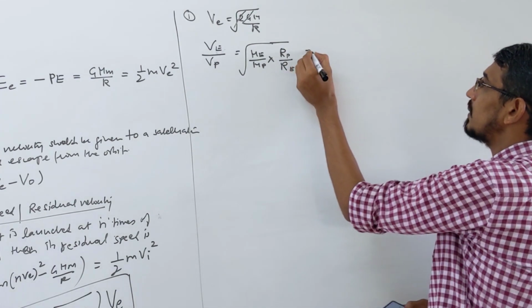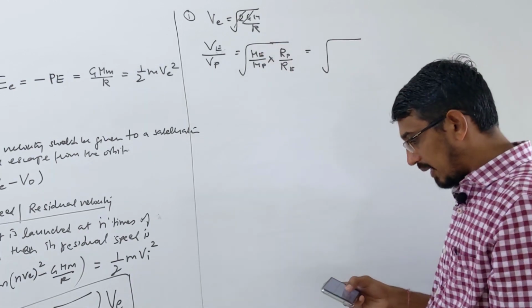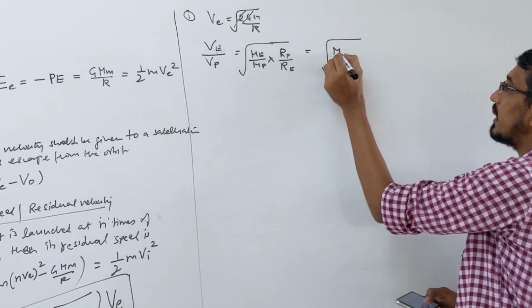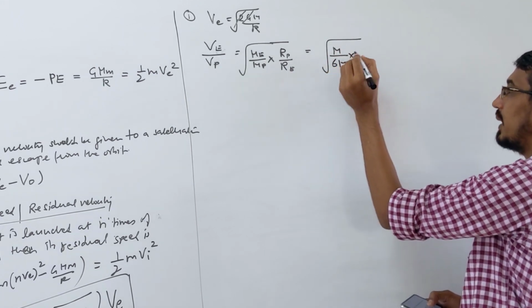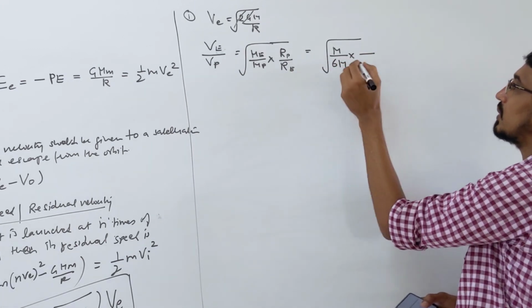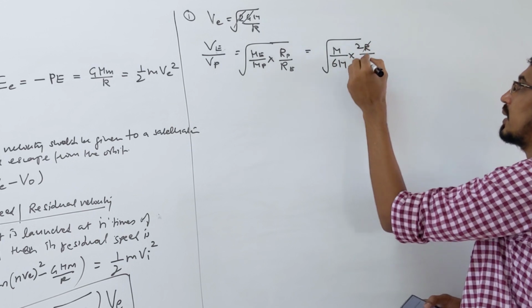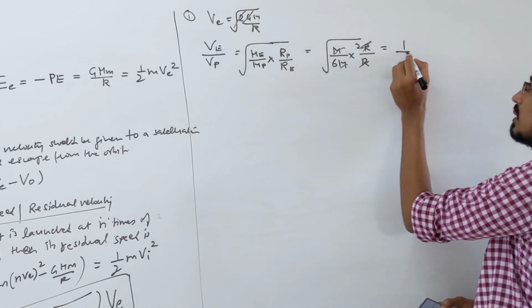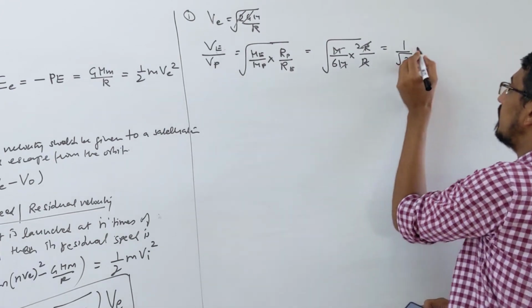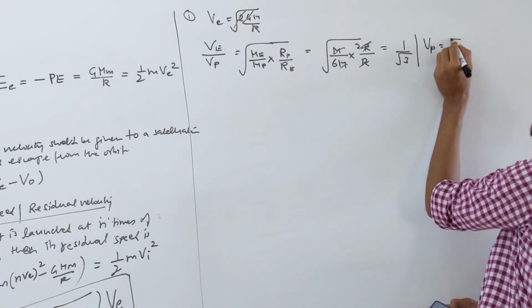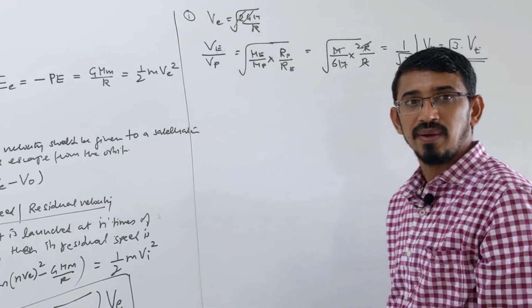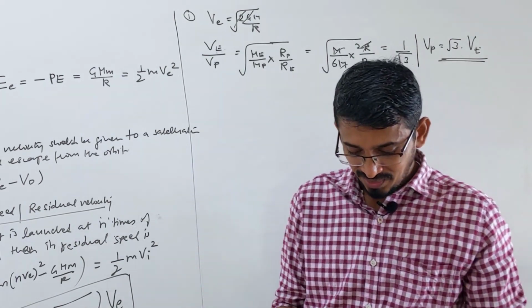Now all these values are given to you, so let's put them in. The mass of the planet is 6 times that of Earth. Call the mass of Earth M, so the mass of the planet is 6M. The radius is 2 times that of Earth. Call Earth's radius R, so the planet's radius is 2R. You can cancel the numbers, and you simply get 1 by root 3. So the escape velocity of that planet, which you have to find, is simply root 3 times the escape velocity of Earth. Do not get confused, we are talking about escape velocity.